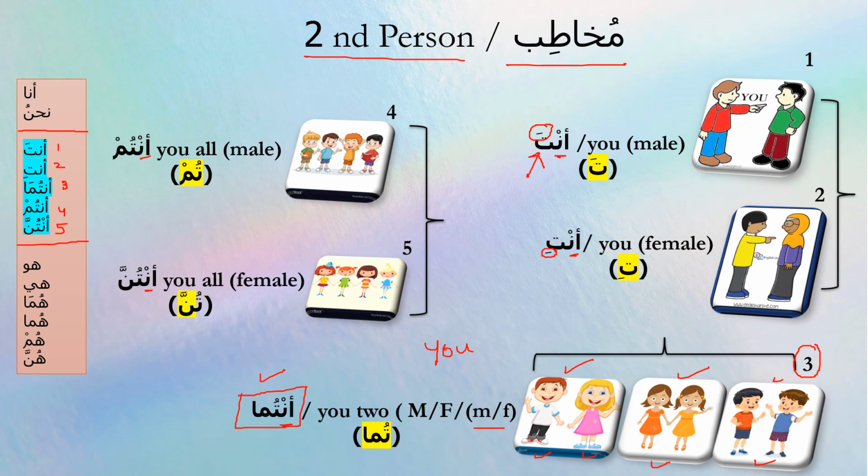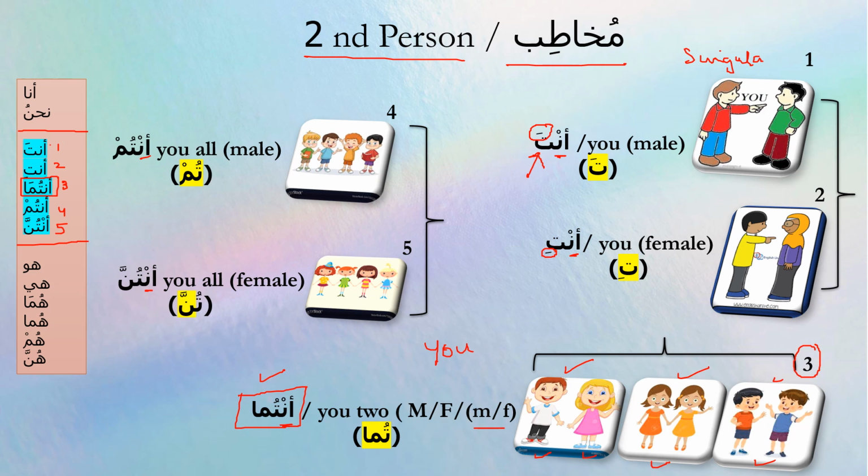And now let's see the jama. Now these two are for singular, and when you memorize, keep in mind the first two are for male and female singular. The one in between, the third one here, antuma, divides the singular and the plural. Antuma is used for the dual. And then come the fourth and fifth, antum and antunna.